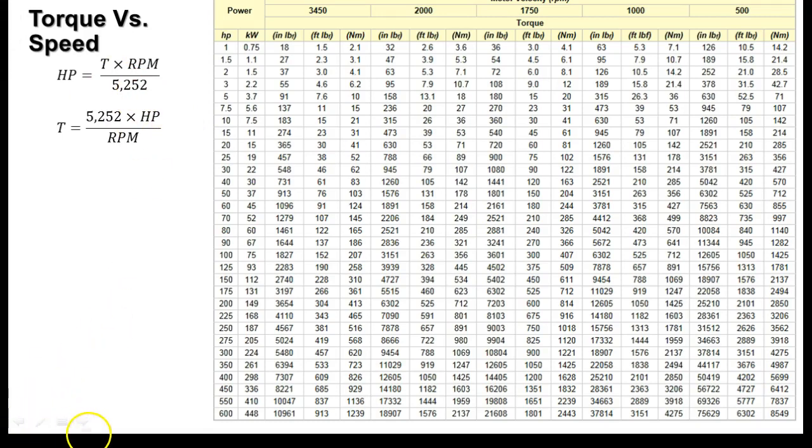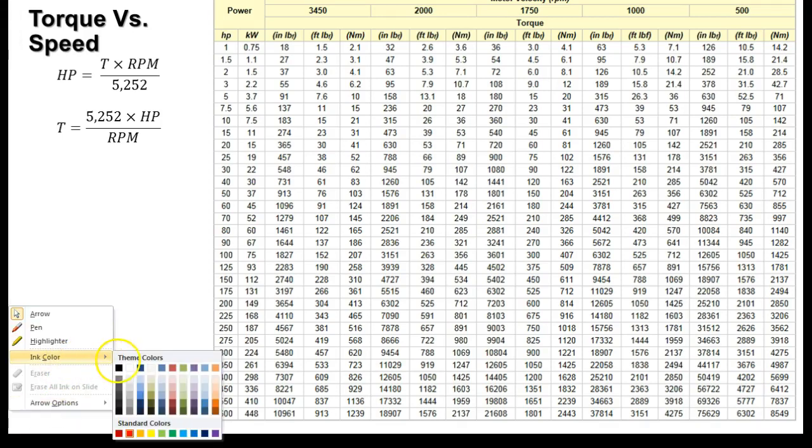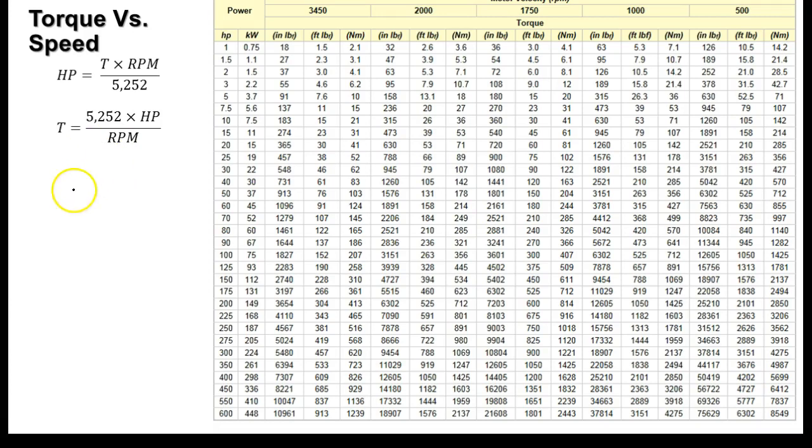So let's come up here, and we could say torque is equal to horsepower over RPM times 5252. Okay.